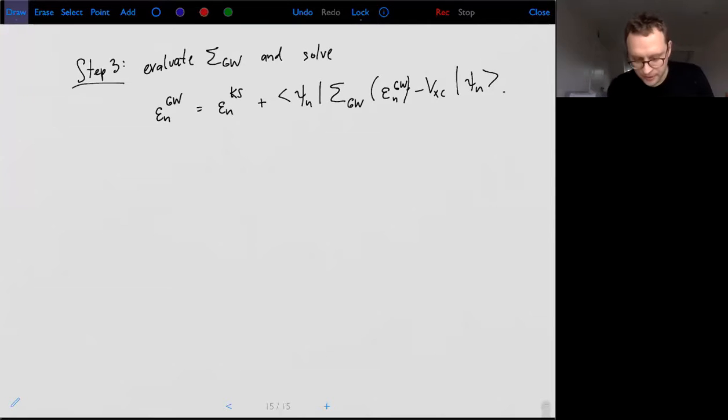Which of course is also not so easy because of the self-consistency requirement, that the quasi-particle energy is both on the left and also an argument in the self energy.